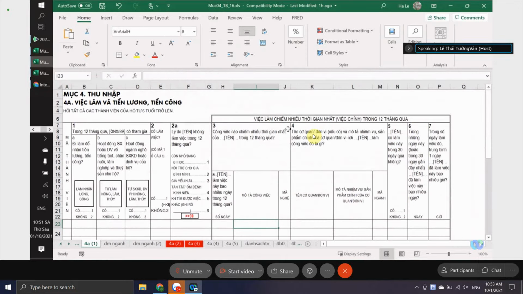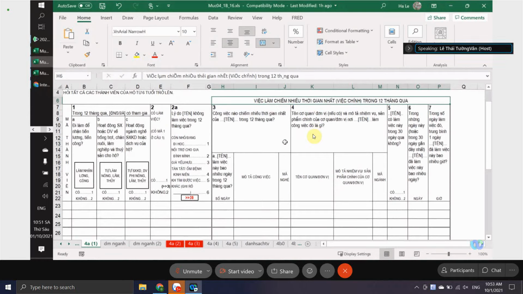Now, number 4.1. There will be the question about the job that takes the most time. Ladies and gentlemen, a person may have multiple jobs, right? I have one job only, but some people may have 2 jobs. So the survey will have to cover as many jobs as possible.